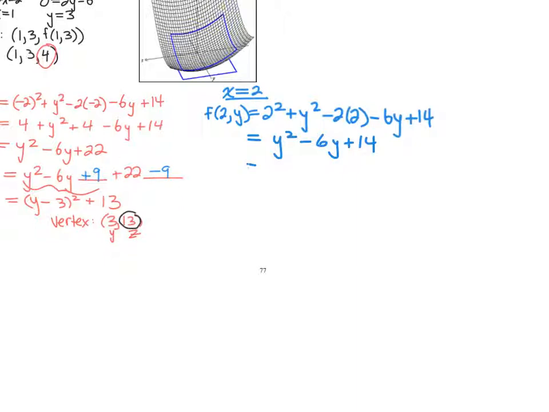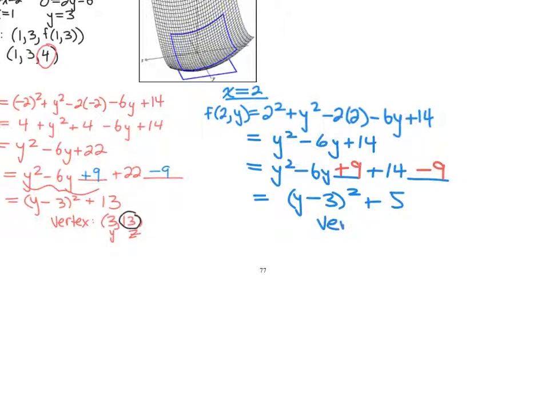And now we know it's still plus 9 minus 9. Vertex 3, 5. And opening up.